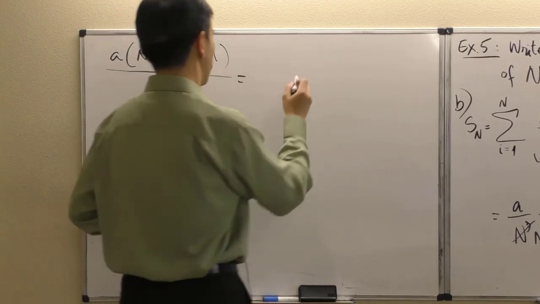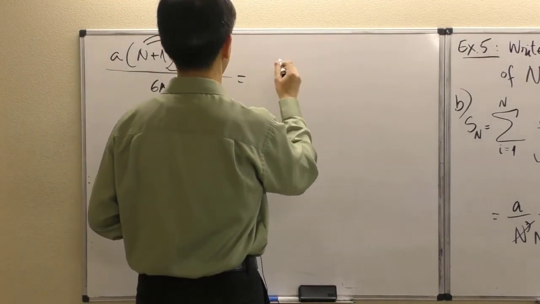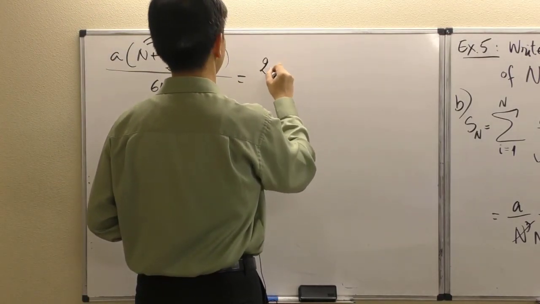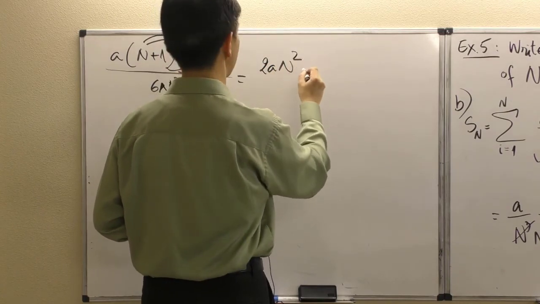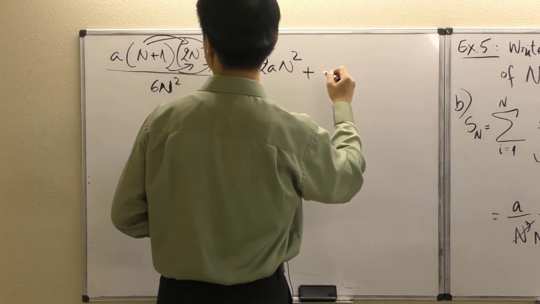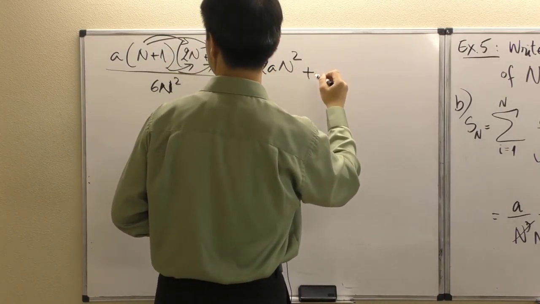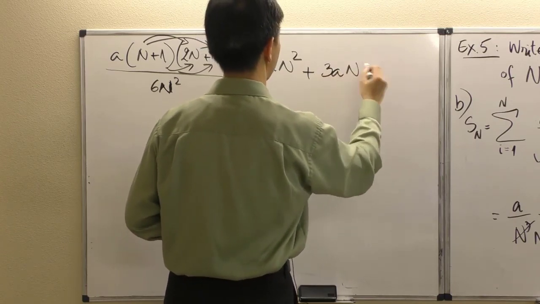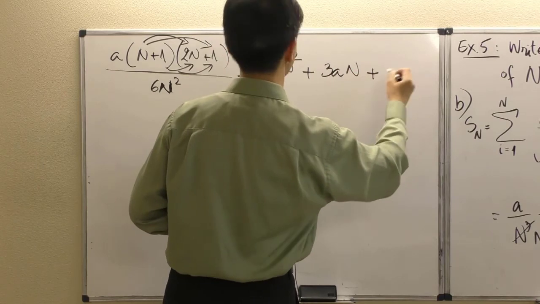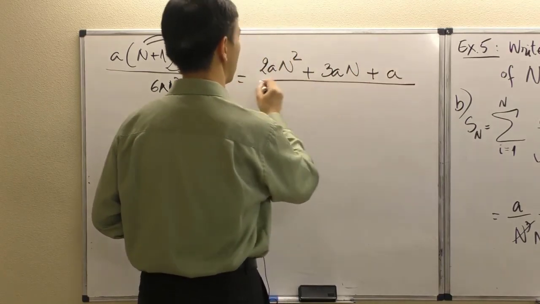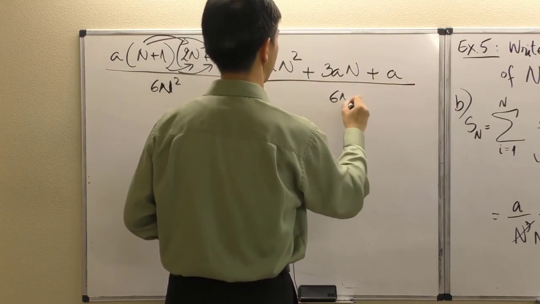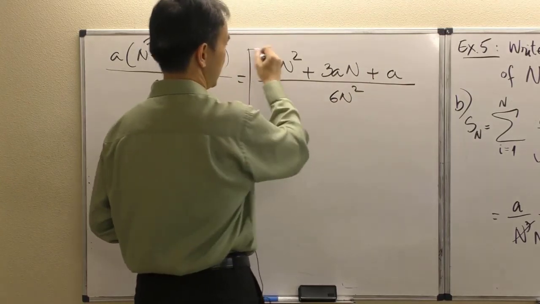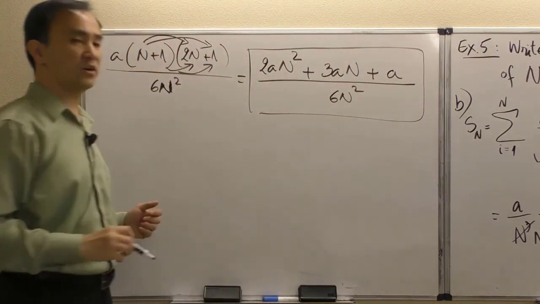So now I'm looking at 2an squared plus 3an plus a, and all of that is over 6n squared. That's another way of writing your final answer.